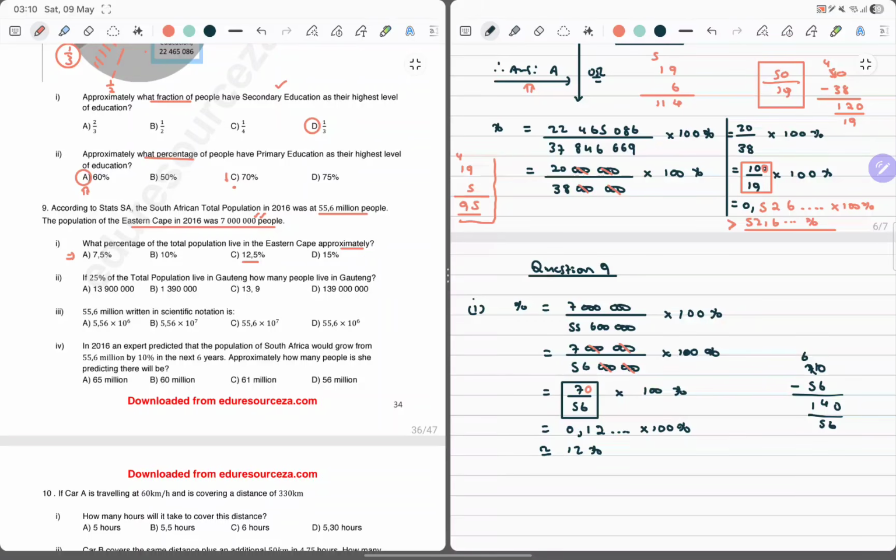So if we increase the denominator, we made this one smaller. So certainly the answer would have been greater than 12%, or slightly greater than 12%. So this is good. We know that essentially the answer we're expecting was supposed to be greater than 12%. And so our answer is going to be C, guys. Whether you like it or not.